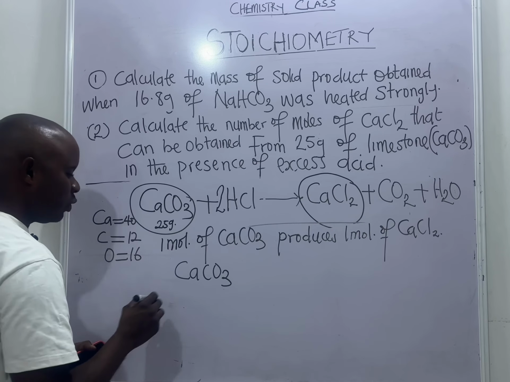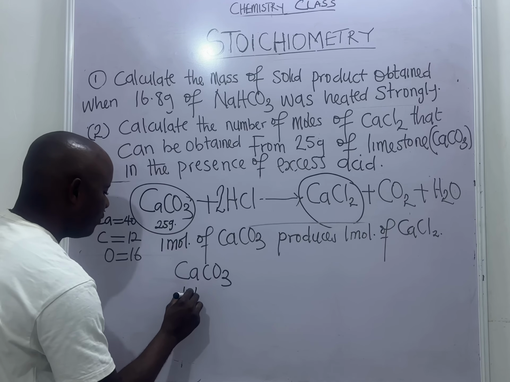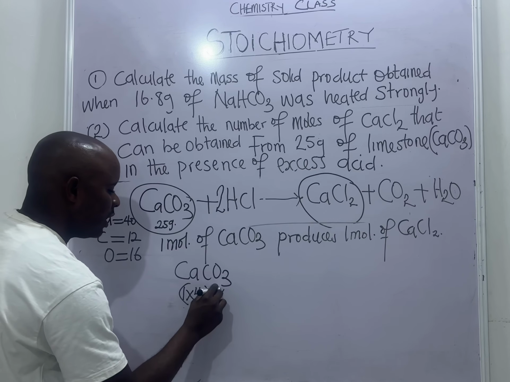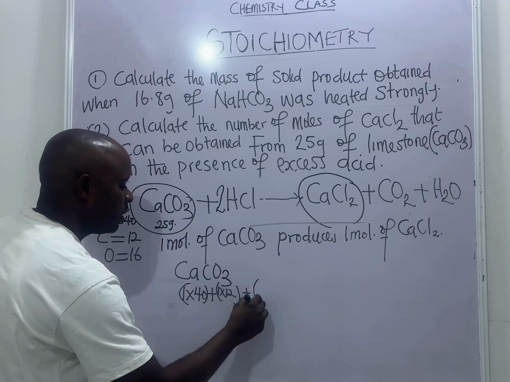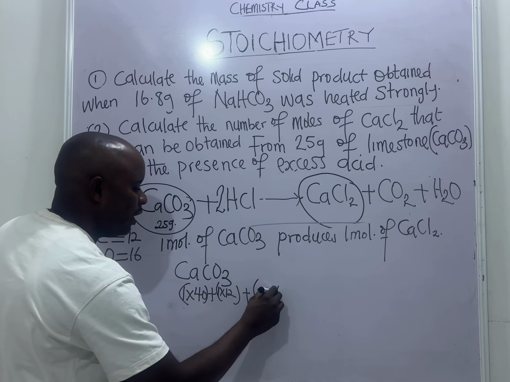Calcium occurred how many times? 1 times 40, plus 1 times 12, plus oxygen occurred 3 times 16.